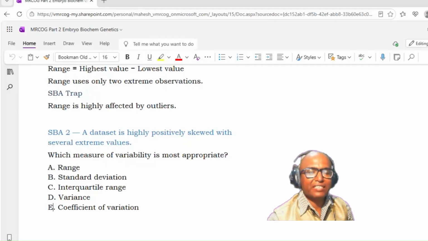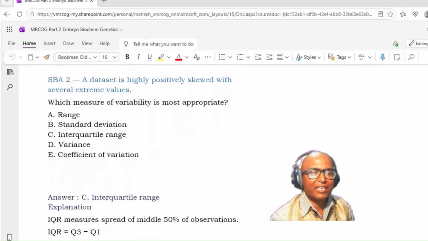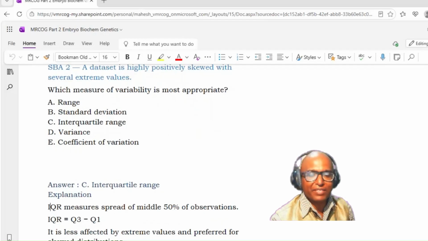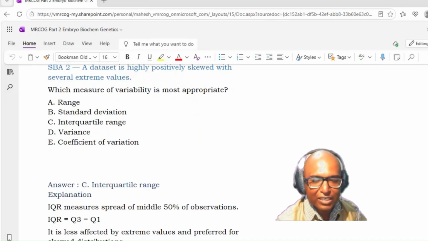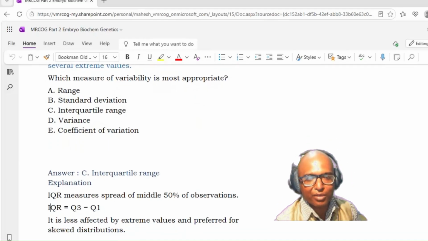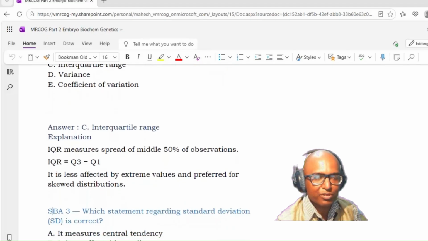Median. Once there is a median, it will come the interquartile range, because you will go into the box and whiskers. Interquartile range, IQR, means spread of middle 50% of observations. So median, and then the quartiles come into the picture. That link should click in your brain. IQR is equal to Q3 minus Q1. It is less affected by extreme values and preferred for skewed distribution.